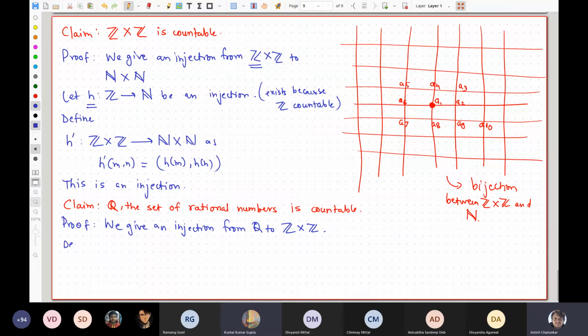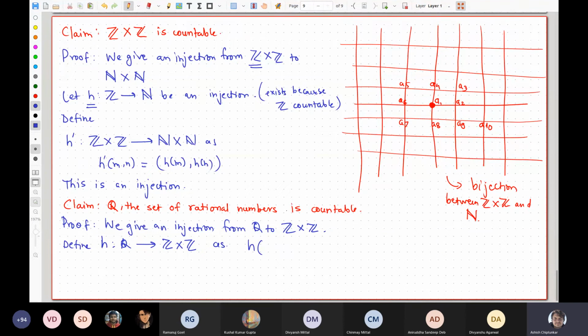So define H going from Q to Z cross Z as follows. We can take any arbitrary rational number P by Q, where we can say that P and Q are co-prime. And we can map it to P comma Q. Okay, good.